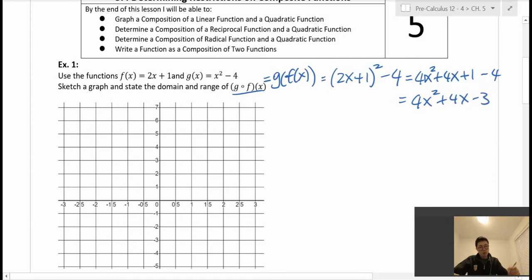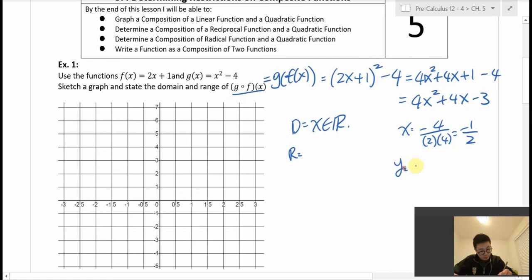Okay, so this is a quadratic function. So the domain is going to be all real numbers, no problem. Range, we can find the vertex. Okay, so the vertex, recall, we can find the x-coordinate by taking negative b, negative 4 over 2 times 4, which is negative 1/2.